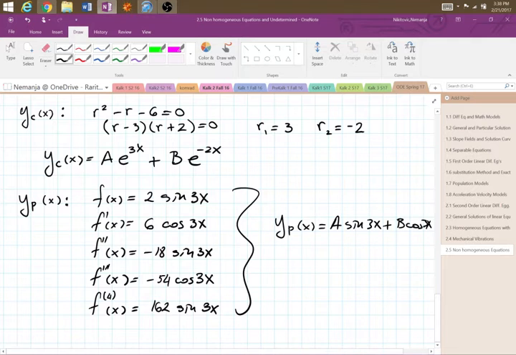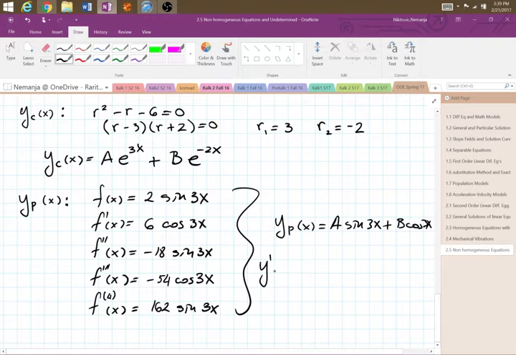So now I have the particular solution, and what I do with it is I differentiate, plug into the equation, and again do the procedure to find the values.